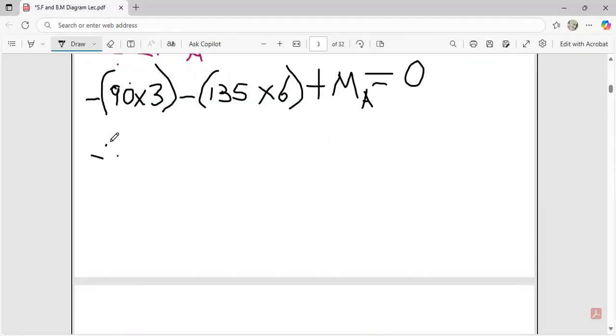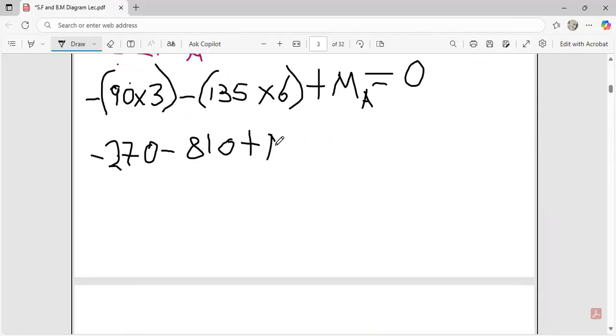Good. So in doing that, 90 times 3 is going to give you what? Minus 270. Okay. Minus 270. Minus 135 times 6 is going to give you what? It's going to give you 810. Okay. Plus your what?